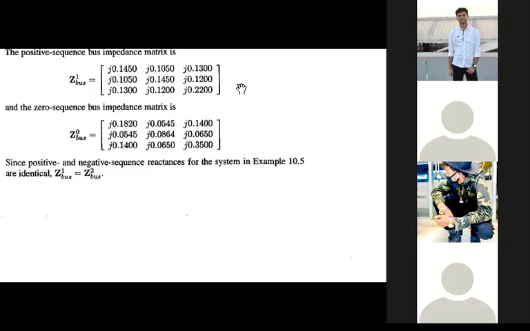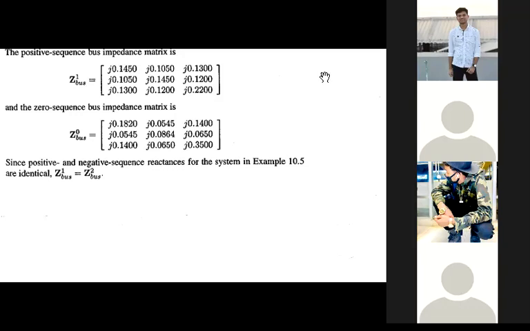One option is you can find the fault current from regular equivalent circuit calculation. That means using your regular Thevenin concept, you can find Z0, Z1, Z2, right?